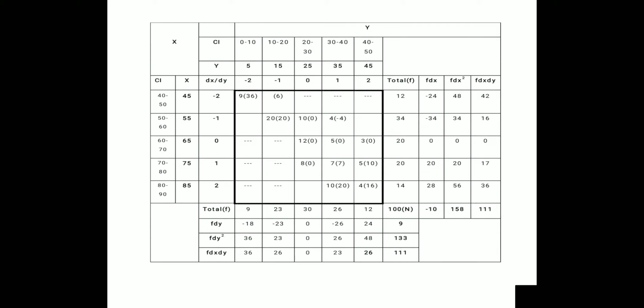So 9 is the frequency of the particular cell, that is f. F into dx, that is 9 into minus 2 of the same row, that is minus 18. F into dx complete. So 9 into minus 2 into minus 2, that is dy. F into dx into dy. So that will give us 36.